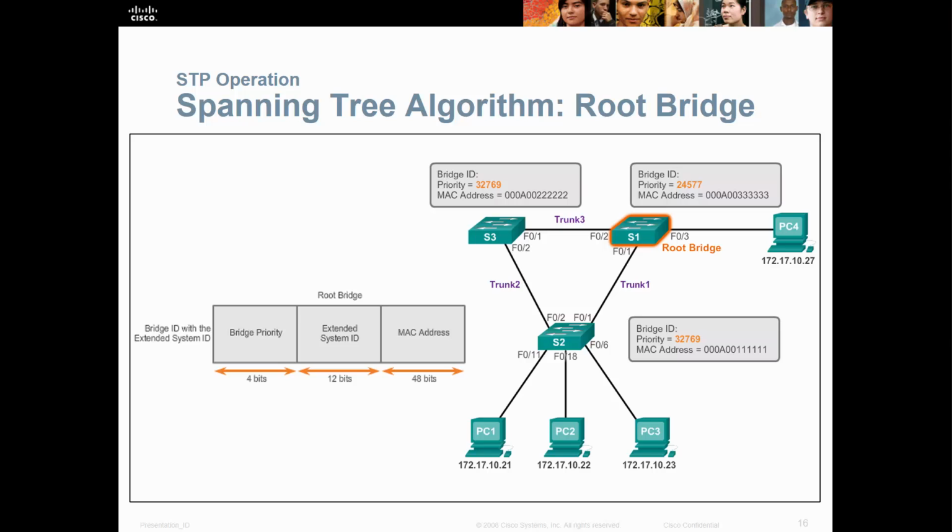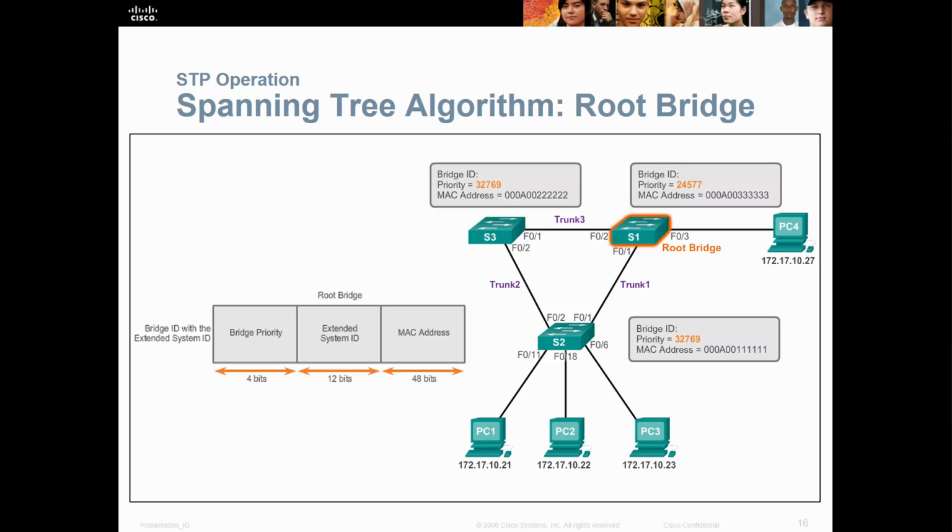So the root bridge, how does that become a root bridge? The first thing is we're going to be looking at a bridge ID, which is normally a priority ID. Normally, the lowest priority should get the root bridge.